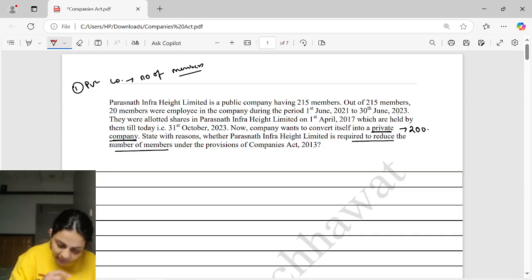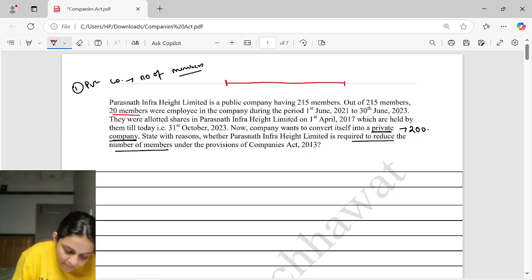Prashant is a public company. There were 20 members employed from 1st June 21 to 30th June 23. They were allotted shares on 1st April 2017.